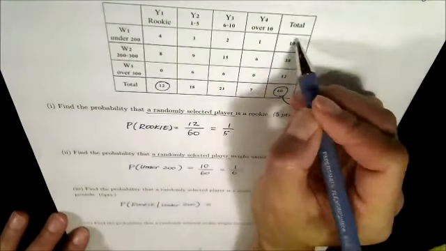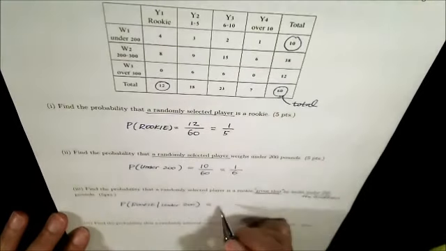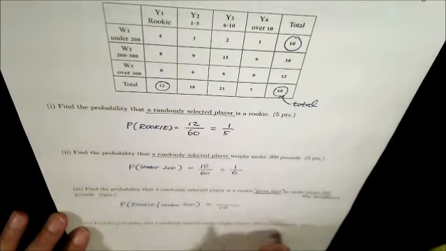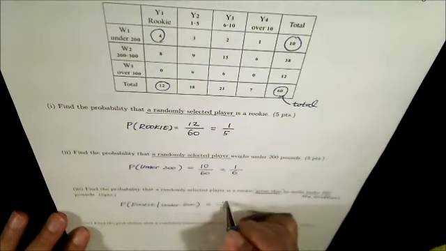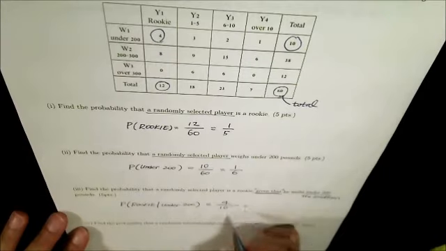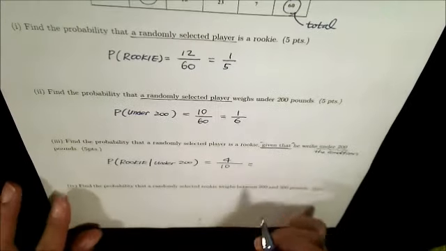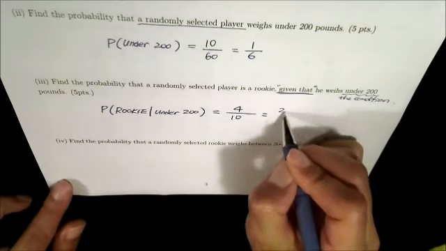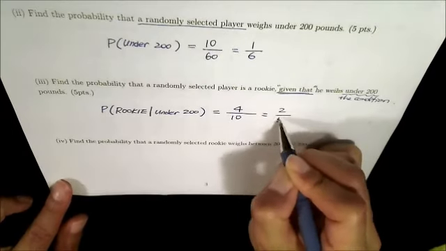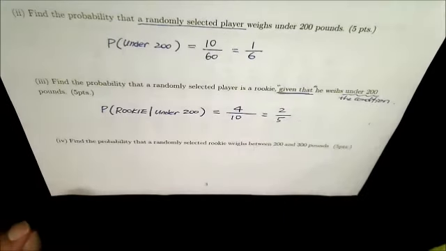Under 200, 10. So out of 10, how many people are rookies? 4, right? 4 out of 10. So you can simplify it to 2 out of 5, 2/5.